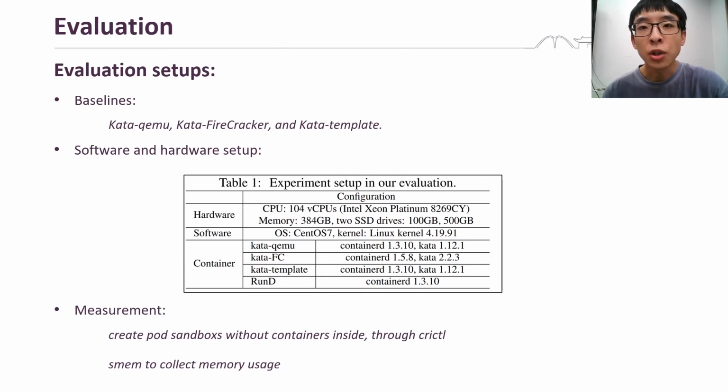Kata template uses QEMU while integrating container templates. Kata FC uses lightweight Firecracker as a microVM hypervisor. In other tests, we only create pod sandboxes without other containers inside through the crictl command. The actual memory usage of a container is collected using the smem command.